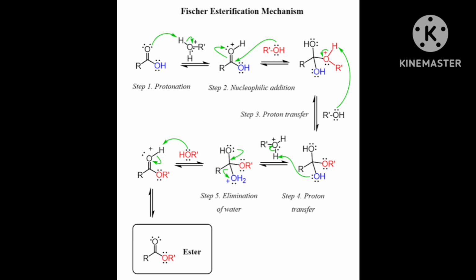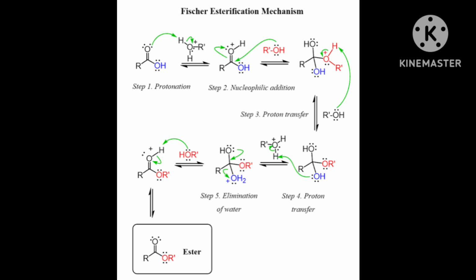Only from this O has the carbon joined. So you write RO, then C, and with C a double bond oxygen was there, and from this carbon one R was also attached. That R is from the carboxylic acid.